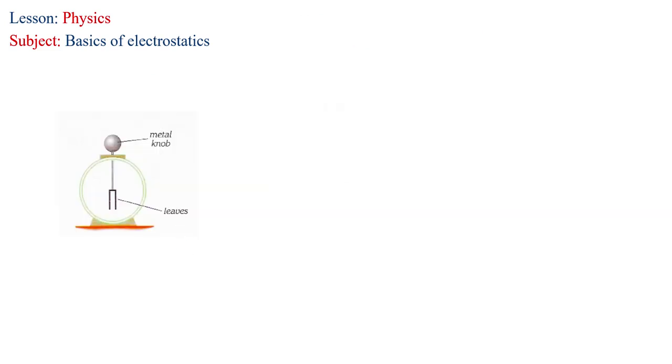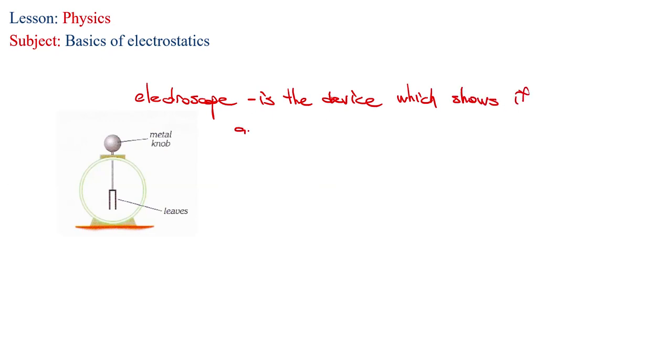Okay. The next thing that I want to share with you now is related to a device that we call an electroscope. An electroscope is the device which shows if an object is charged or not.